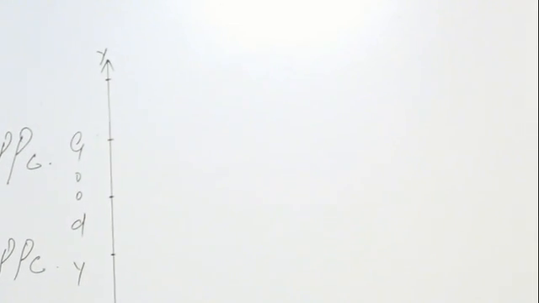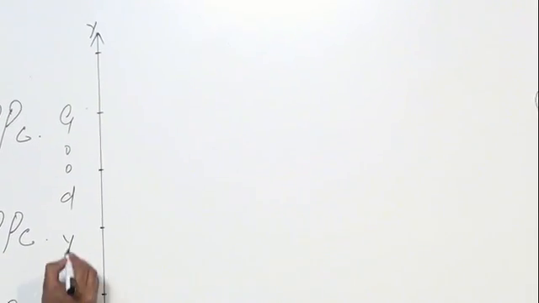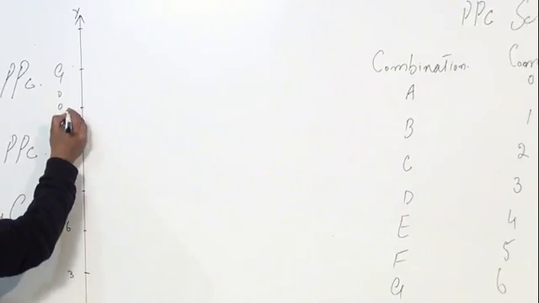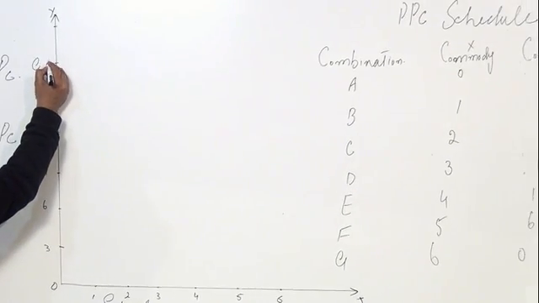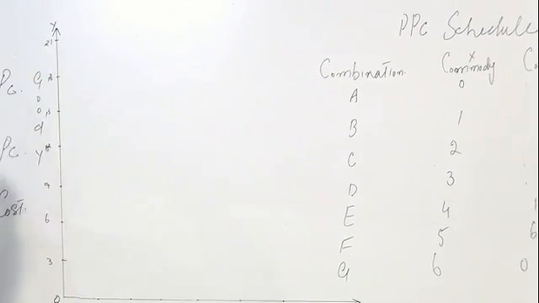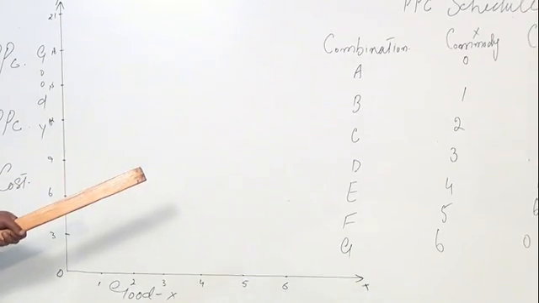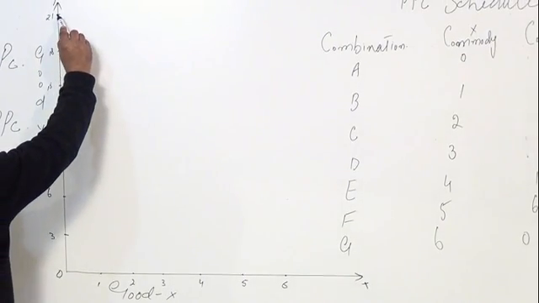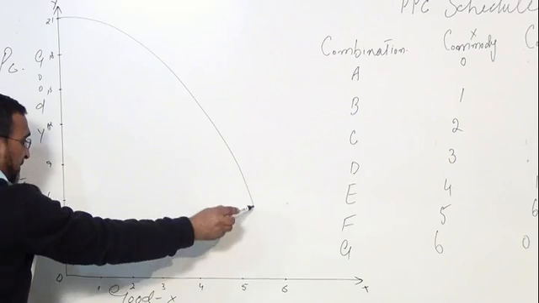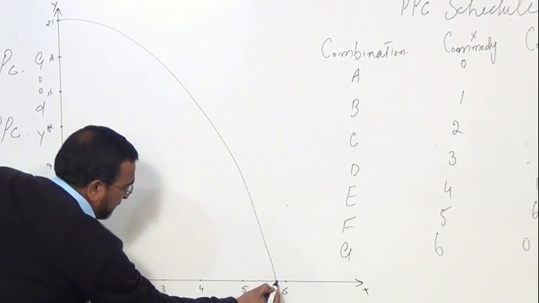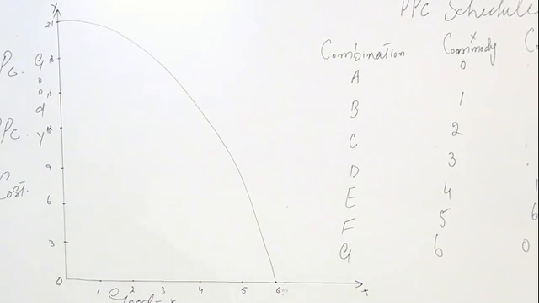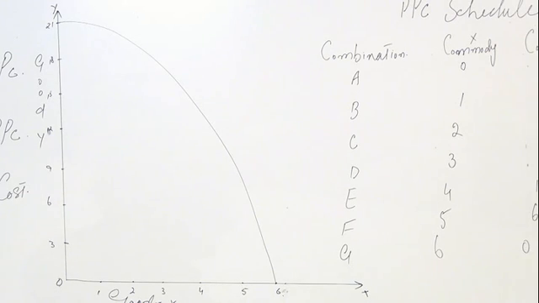If we plot the data on this graph, we get a curve which may be in this shape. And this curve we call the production possibility curve.